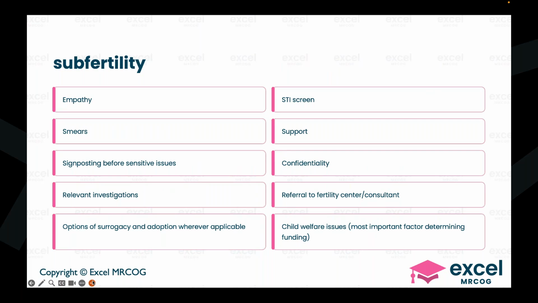So here, child welfare issues become important. If she asks you about funding, you can always say that I will write to the clinical commissioning group, and they will let you know about this, because not all IVF cycles are funded on the NHS. Got it?